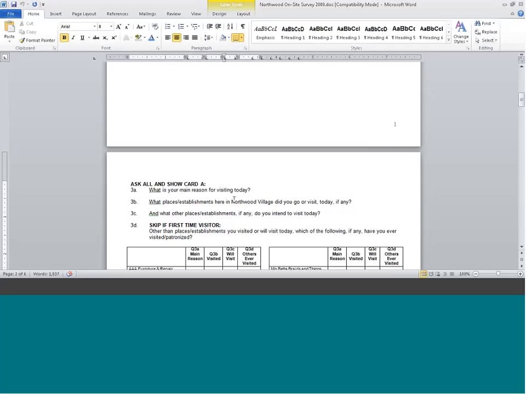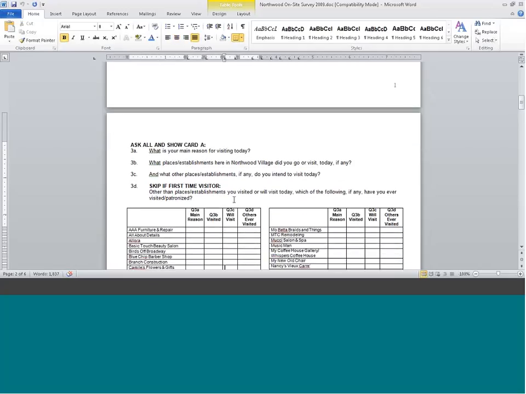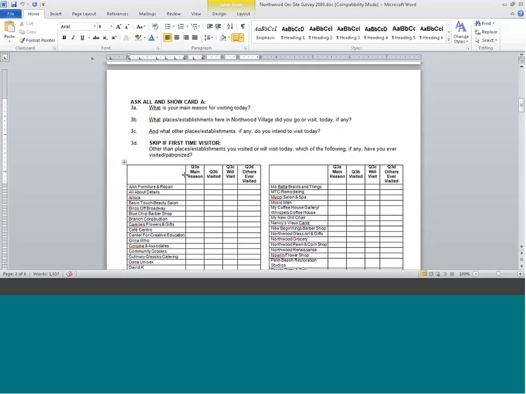So in the series of question 3, so A, B, C, and D, you'll see that everybody gets asked A, and they're showing them a card. It could be that, because there's a lot of older people, they have these cards in Florida, but they're showing a card with each of these types of services, and there must be a reason why they're showing them the card rather than just asking them about the individual items.